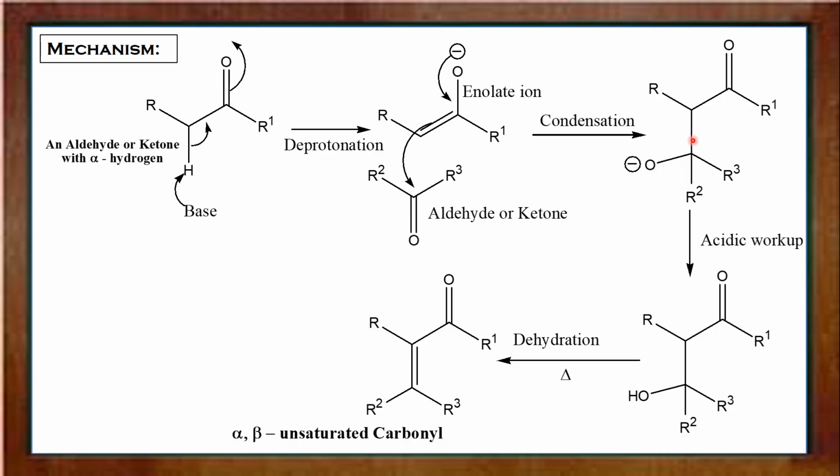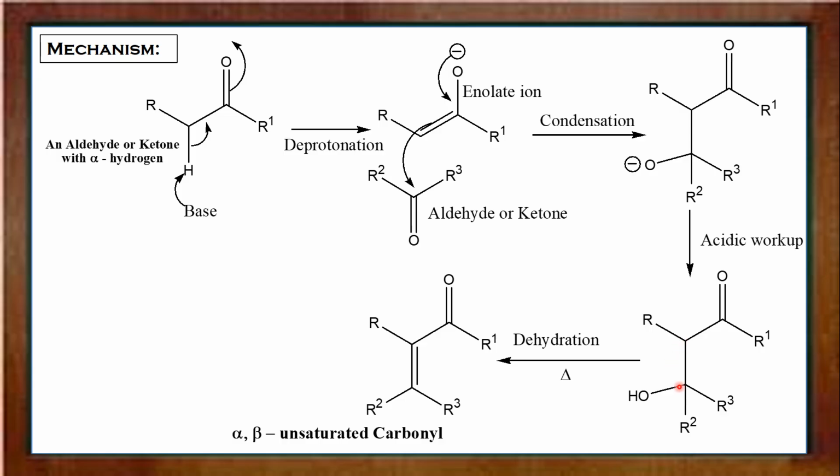And after condensation, to this medium we add an acid. We call it acidic workup. With the acid, the O minus gets a proton. So we end up with a beta hydroxy carbonyl.